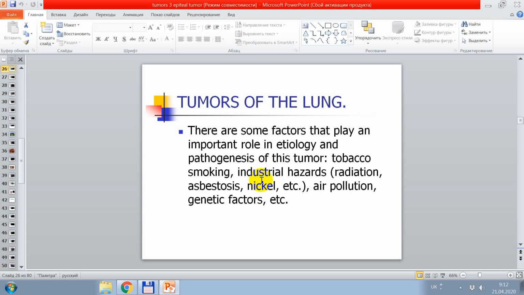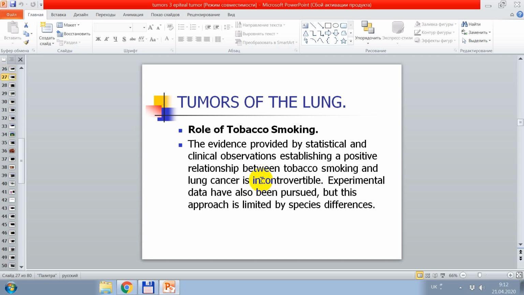There are some factors that play an important role in etiology and pathogenesis of this tumor: tobacco smoking, industrial dust, radiation, asbestosis, nickel, etc., air pollution, genetic factors, etc. Role of tobacco smoking.